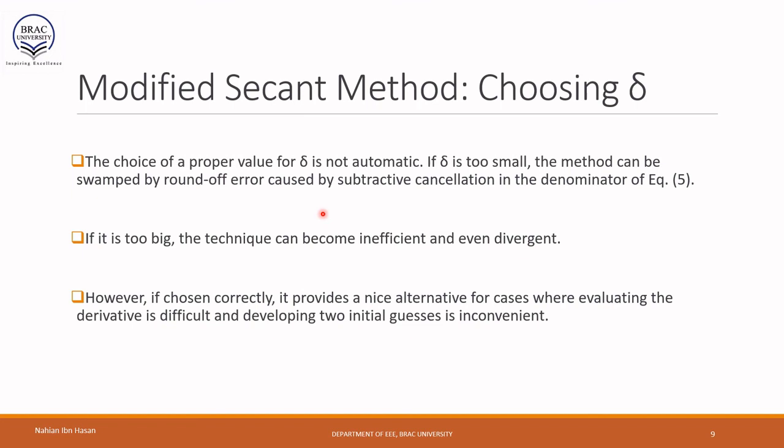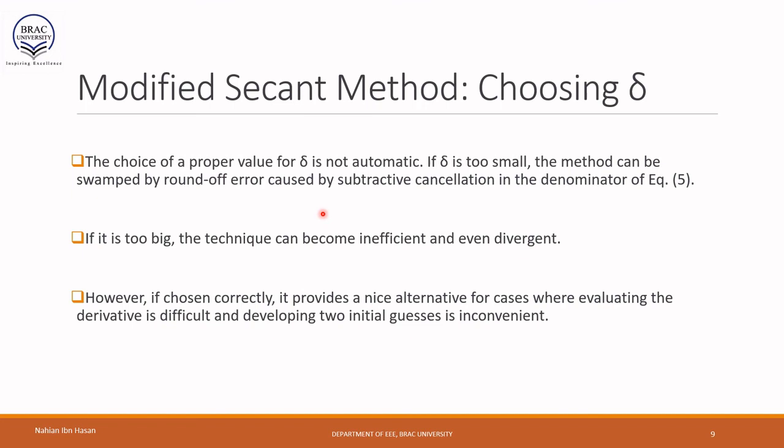In this lesson, we have learned about another open method, the secant method, and also one of its variations, which is the modified secant method. We have seen that both of these methods can be applied practically to a function, and that the modified secant method converges faster.